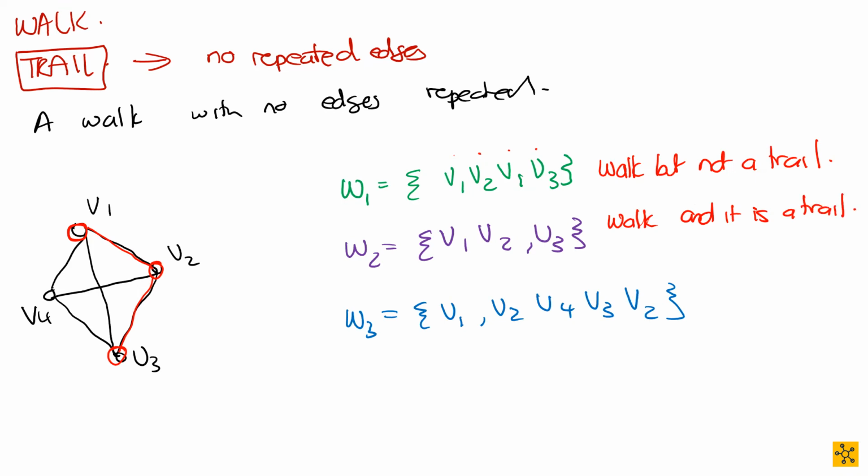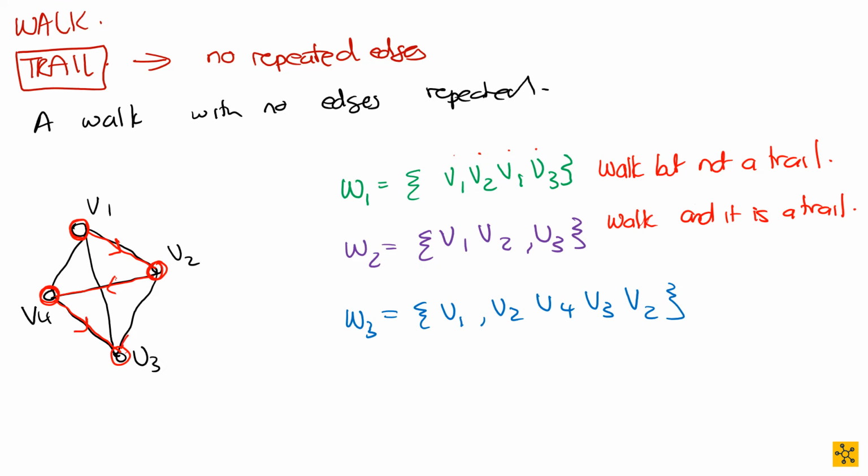Okay, so next up is the blue example. So again, I'm just being very careful here, rubbing that out. So let's go ahead and go through this. So we go from V1 to V2, V2 to V4, V4 to V3. And when you're doing the walk, you can also put arrows to show which way you're going.